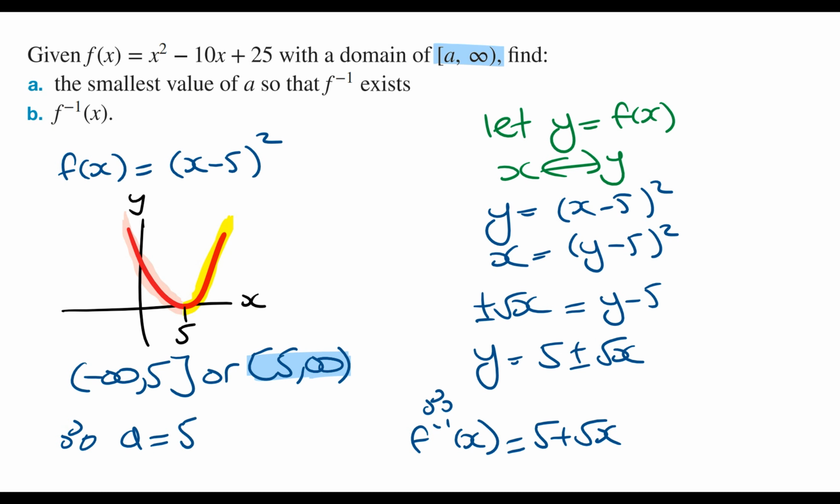The domain of f inverse is going to equal the range of f(x). The range of f(x) when restricted to the domain from 5 to infinity is from 0 to infinity. And so this means that the domain of f inverse is going to be the x values from 0 to infinity.